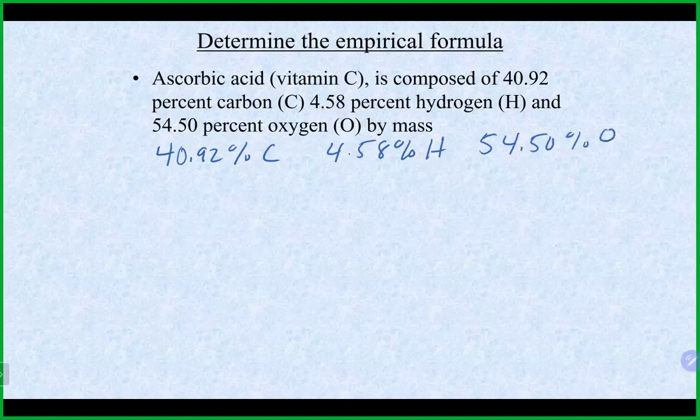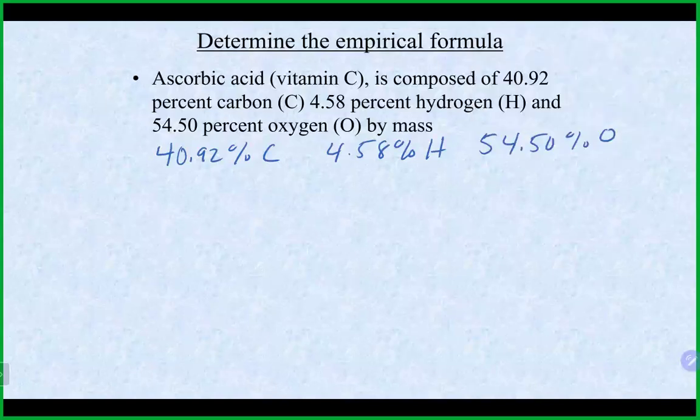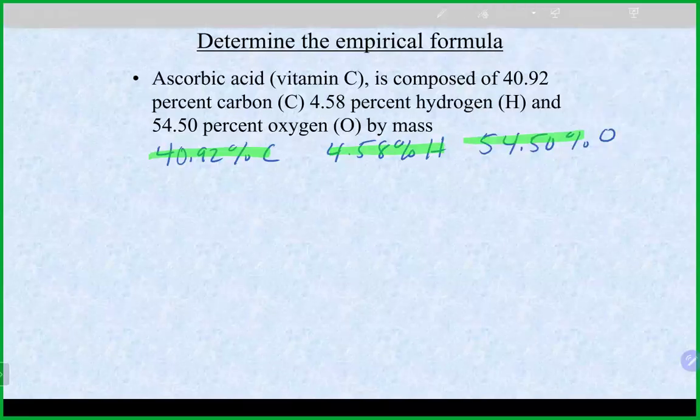So in this particular case, because you're given the percent composition of each of the elements, you definitely want to take a quick look at all the percentages and once again make sure that it does add up to about 100%. It doesn't necessarily have to be perfectly 100%, but pretty darn close to it.